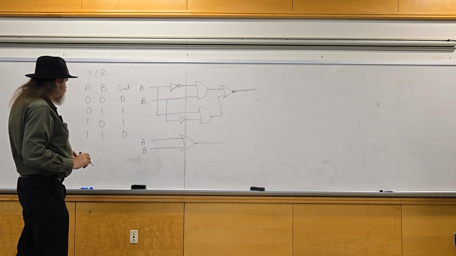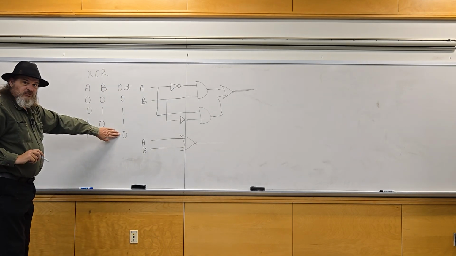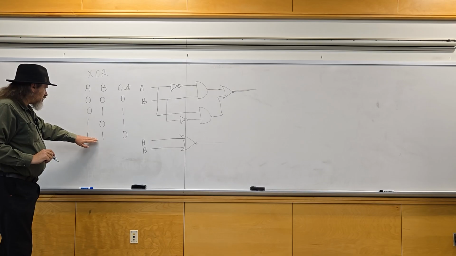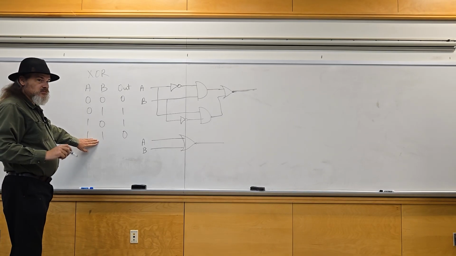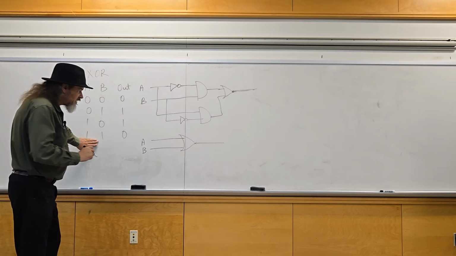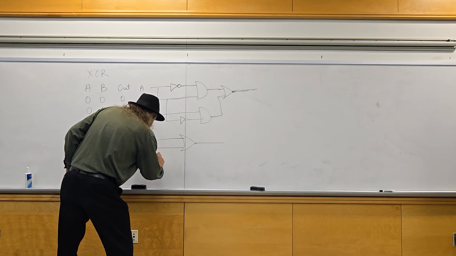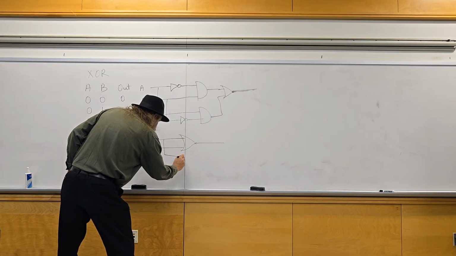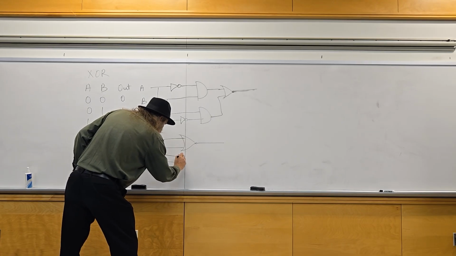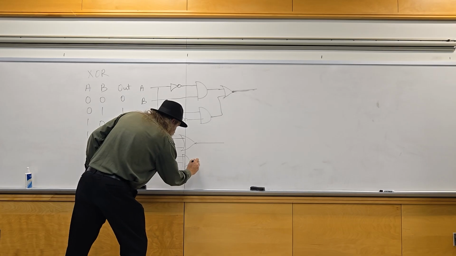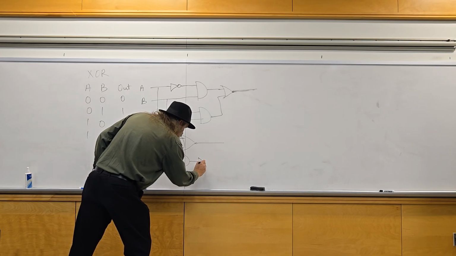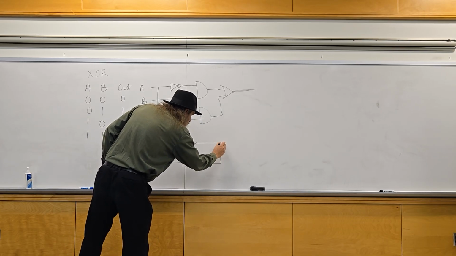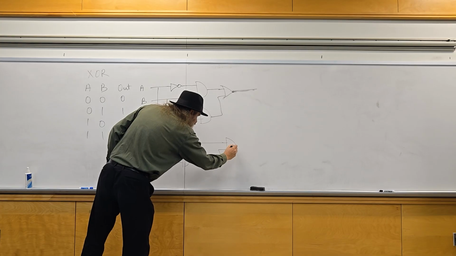Okay. But you have a 1 in this position, which is A and B inverted. So it would be A, B, ANDed together, inverted, and that through an AND gate.